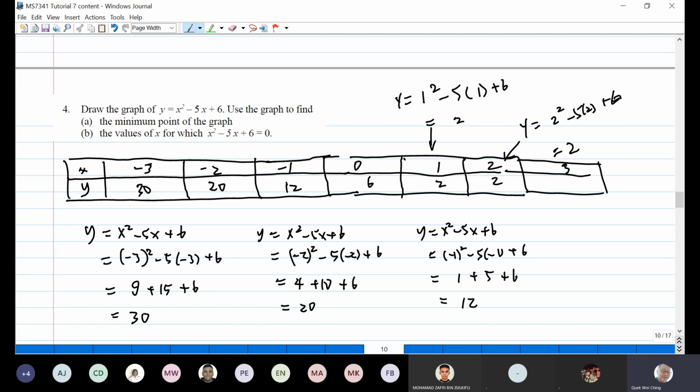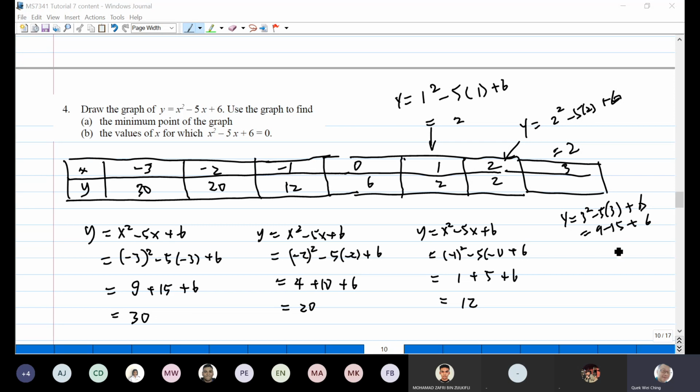Now 3. So put x equal to 3 down. y equal to 3 squared minus 5 times 3 plus 6. You get 9 minus 15 plus 6 here. And 9 minus 15 is minus 6.